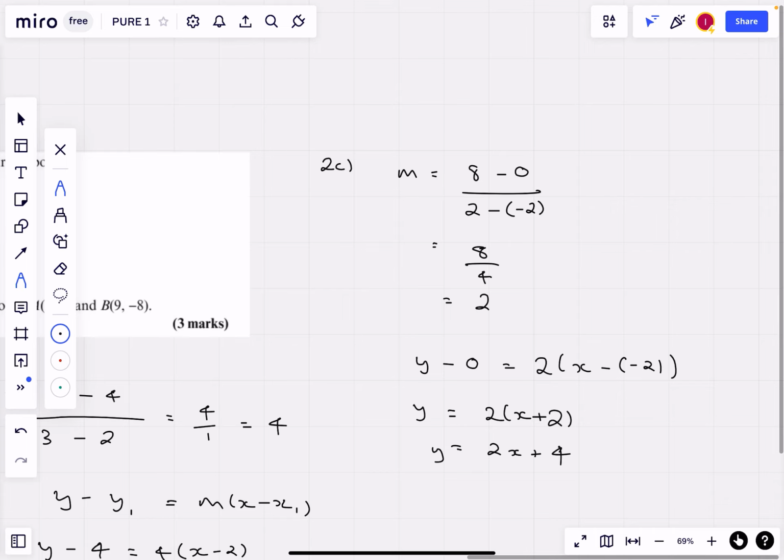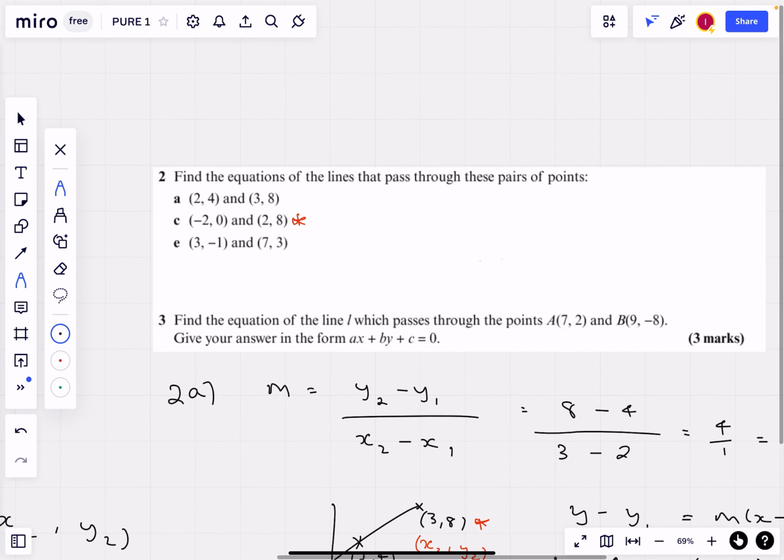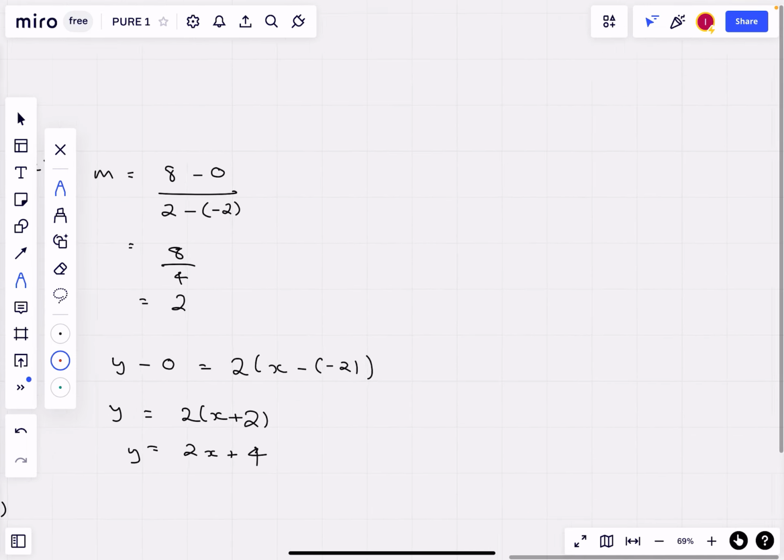Okay, E. Which one are you going to label as x2, y2? This one again. It's just by coincidence it happens to be the one on the right. It's not always going to be the one on the right. But in this case, that's the one you're going to label as x2, y2.